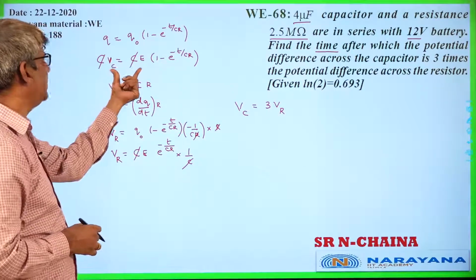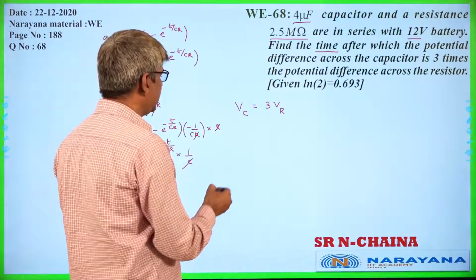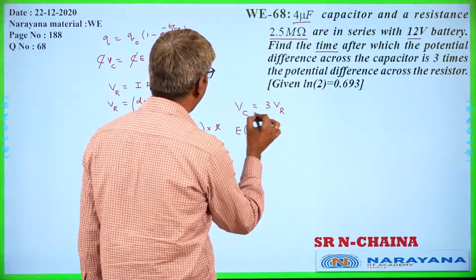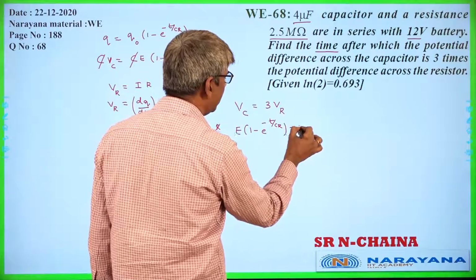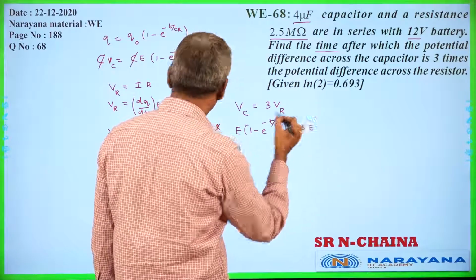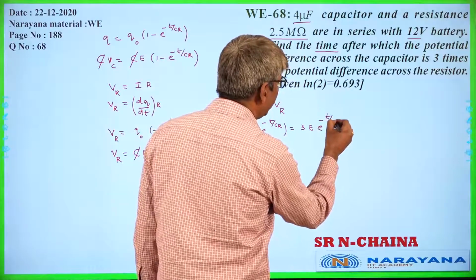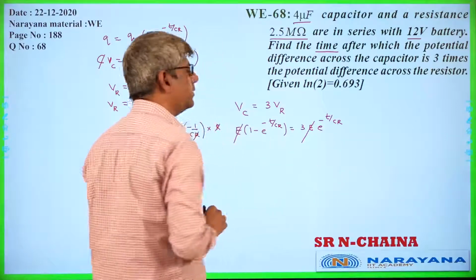So the value of VC is this, the value of VR is this, substituting in this we get E into 1 minus e power minus t by CR is equal to 3 times E into e power minus t by CR. This E and E get cancelled out.